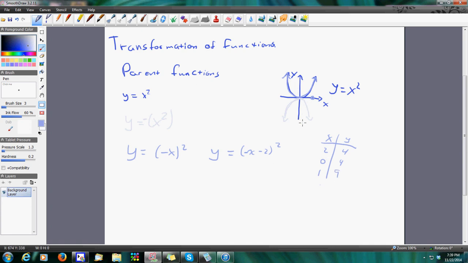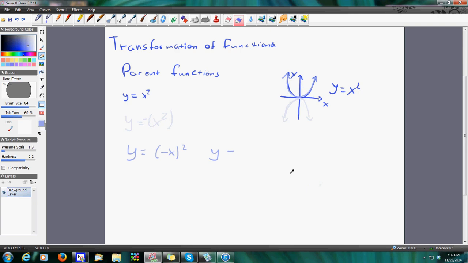If I plug in negative 2, I get 0. So it is going to work. Good. Success. I got a little freaked out there. So that all works.